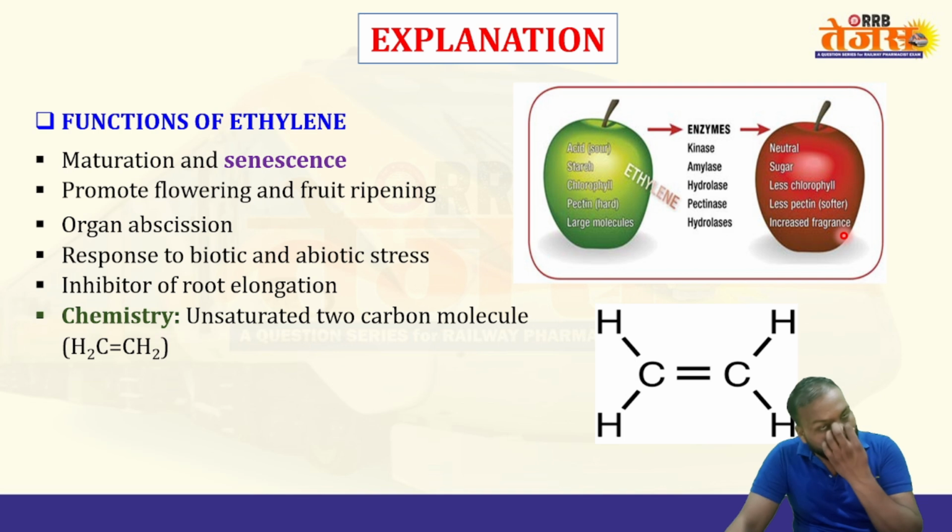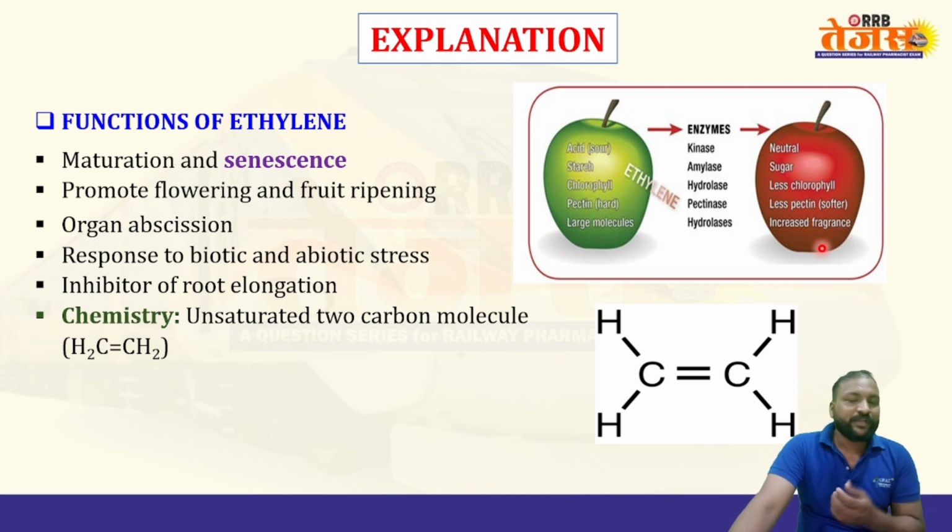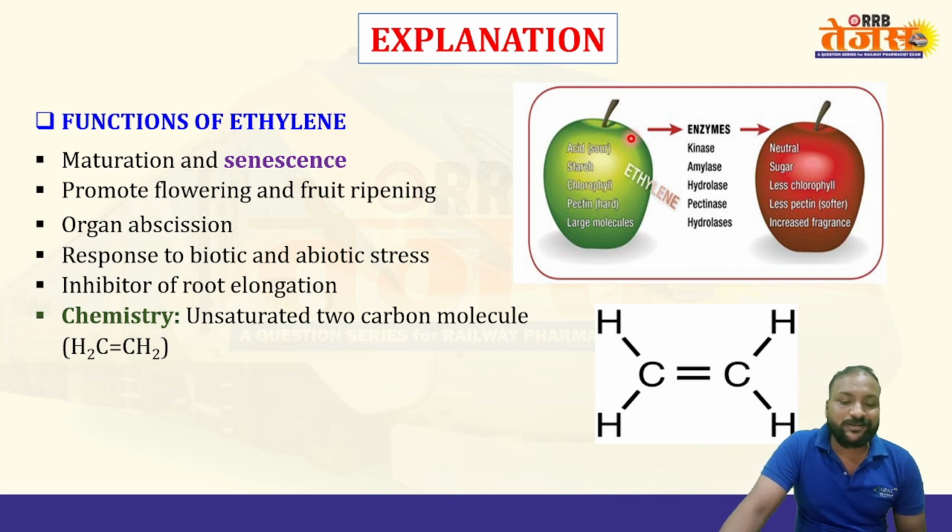This is how ethylene makes the fruit go from unripened to ripened. The unripened fruit contains acid, starch, chlorophyll and pectin, which are hard, larger molecules.